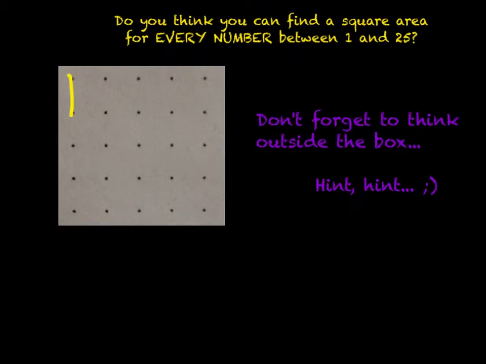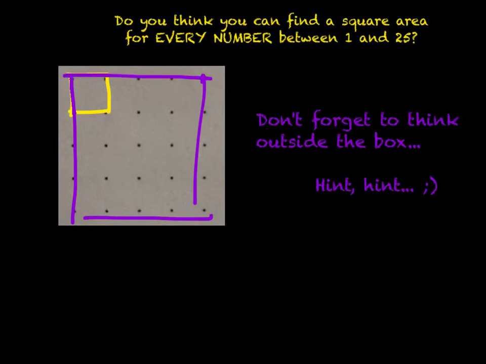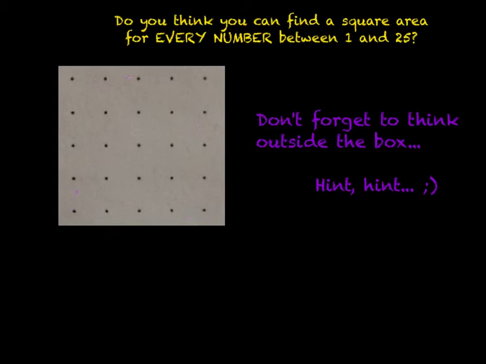So we have the little 1 by 1 square, and we have a 5 by 5 square. But my question of you is to make sure you get all of the square areas in between that you potentially could. So, can you get a 3 square area? Can you get a 2 square area? Can you get a 17 square area? Figure out all of those.